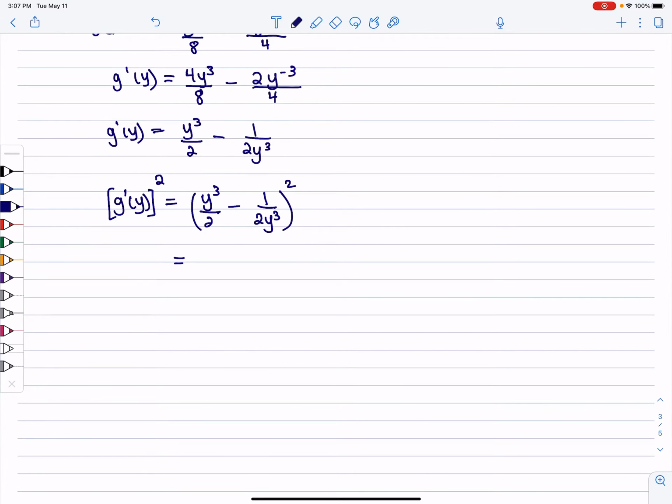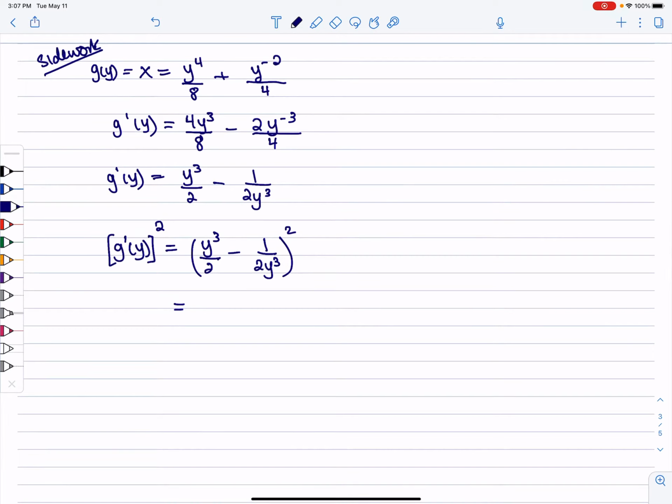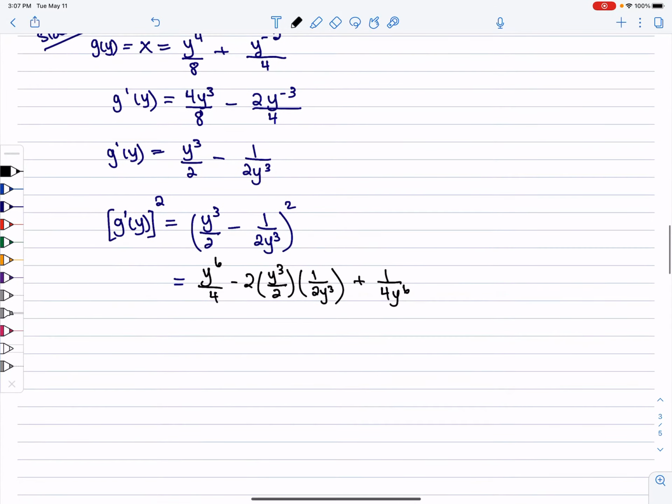When you square, you are going to have y to the 6th over 4 minus 2 times y cubed over 2 times 1 over 2y cubed, and then plus 1 over 4y to the 6th.